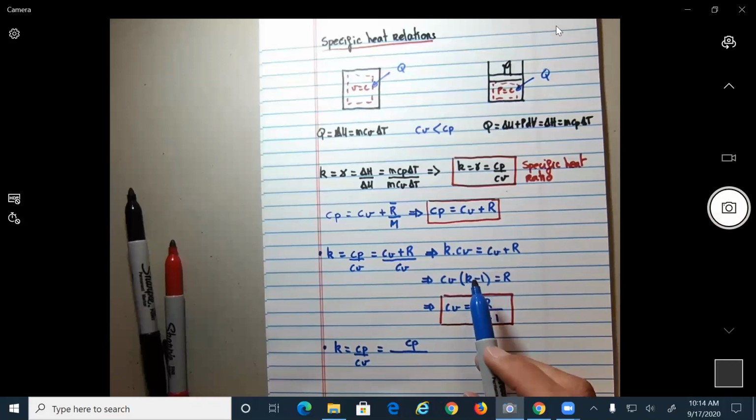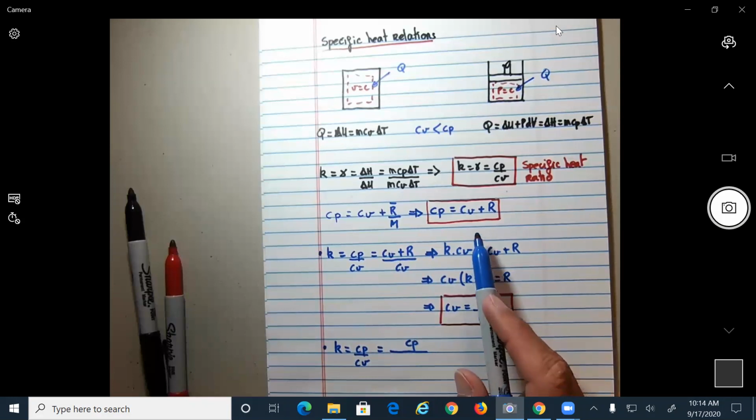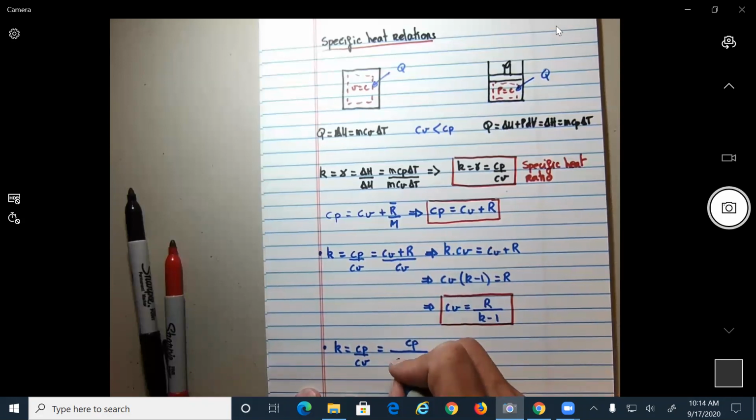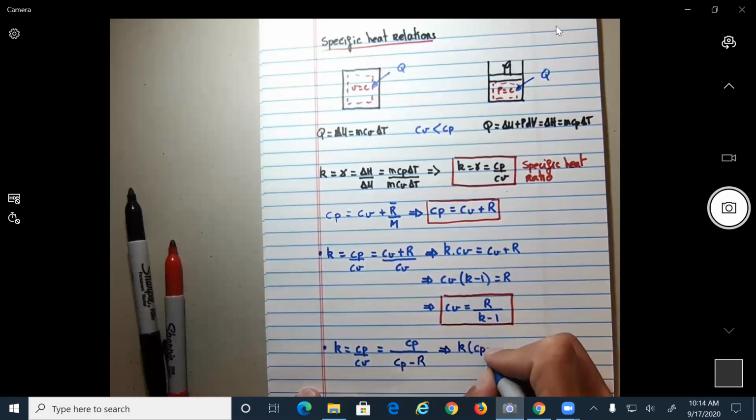Cv here will be Cp minus R. So this will give you K times Cp minus R equal to Cp.